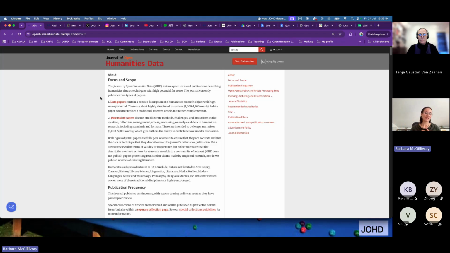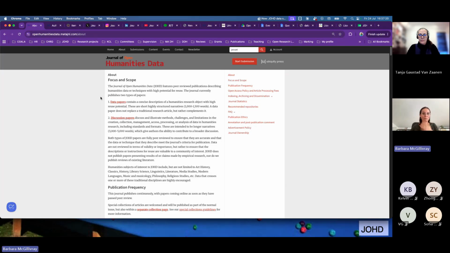Could be a database, could be a file, image, archive, corpus, and so on. And then we also publish discussion papers, which are longer narratives that go into a bit more depth and a bit more theory on issues, challenges, ideas for processing, analyzing, accessing humanities data.